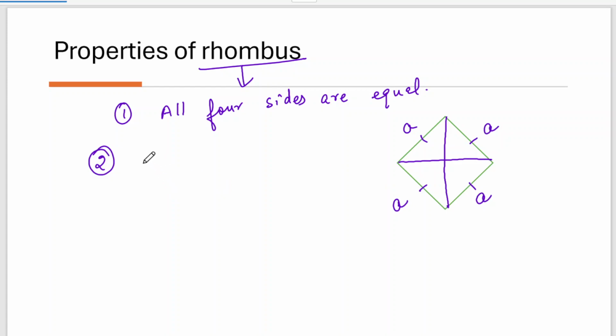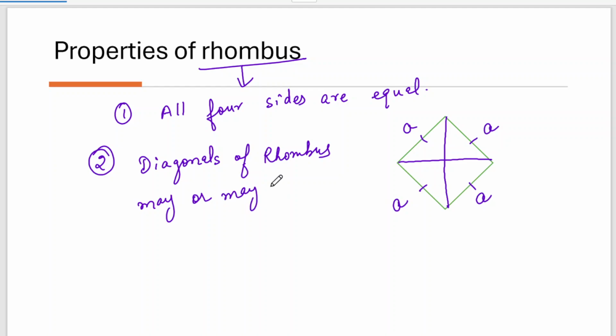So you can say diagonals of rhombus may or may not be equal. Okay, diagonals may or may not be equal.